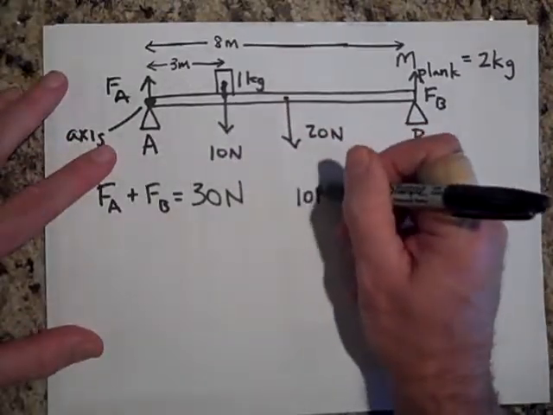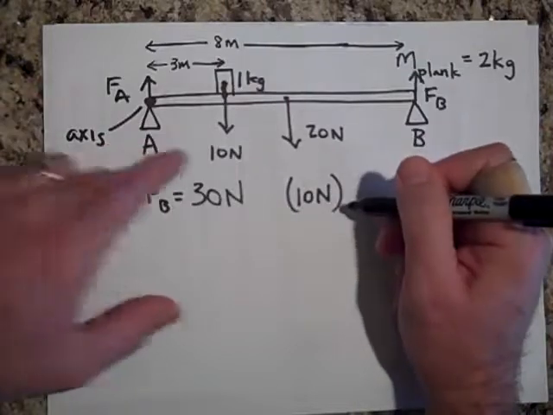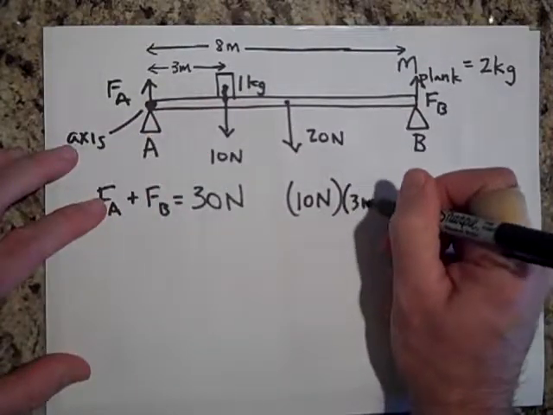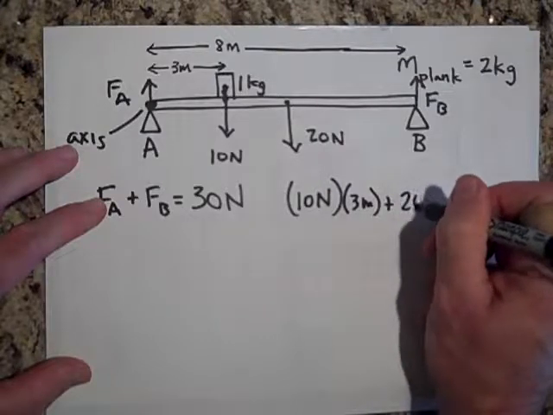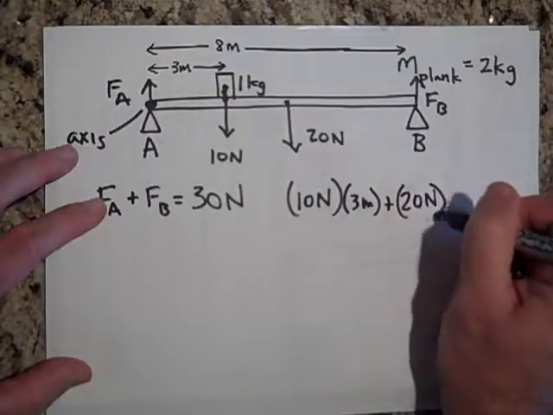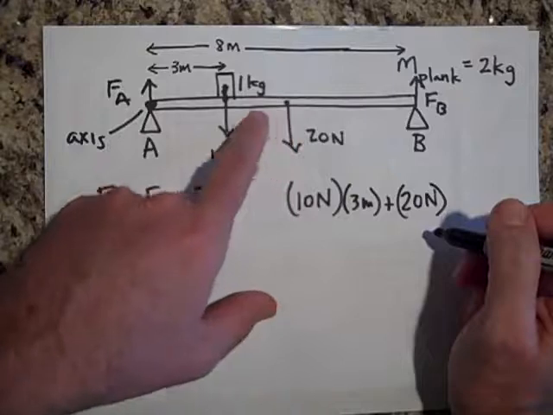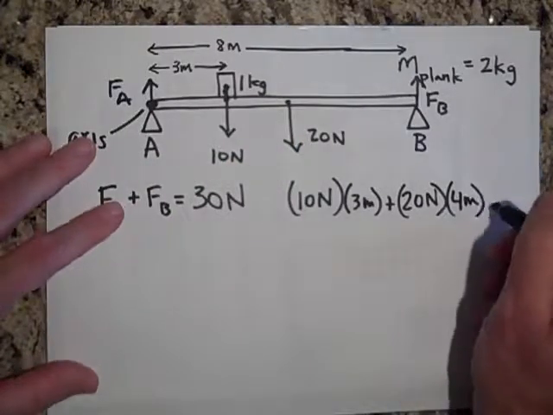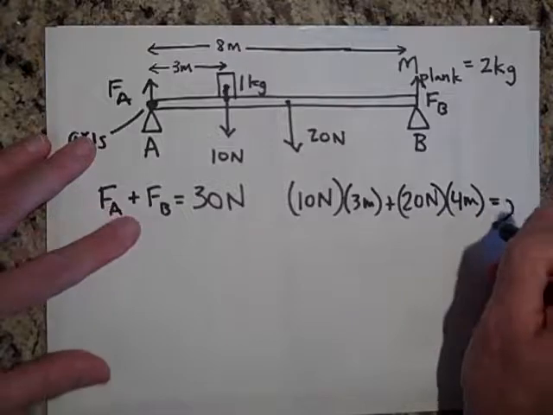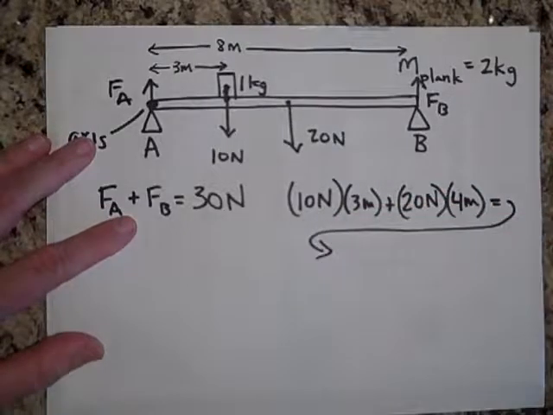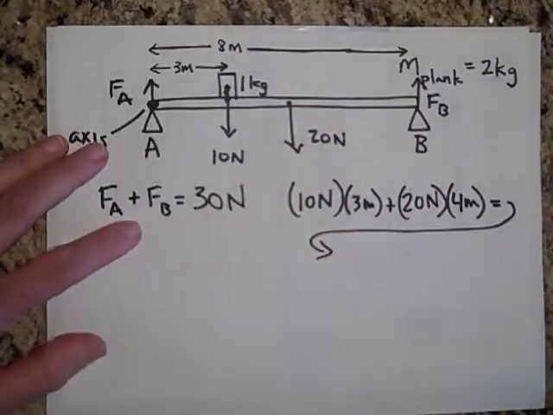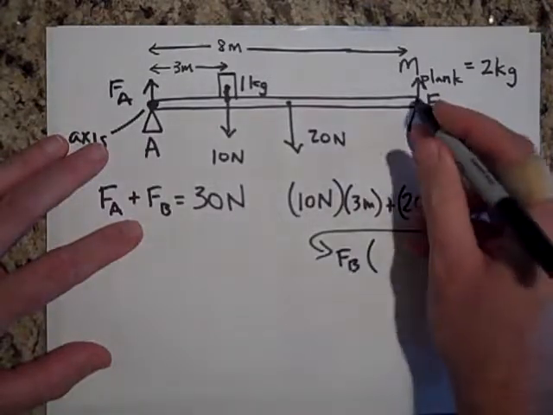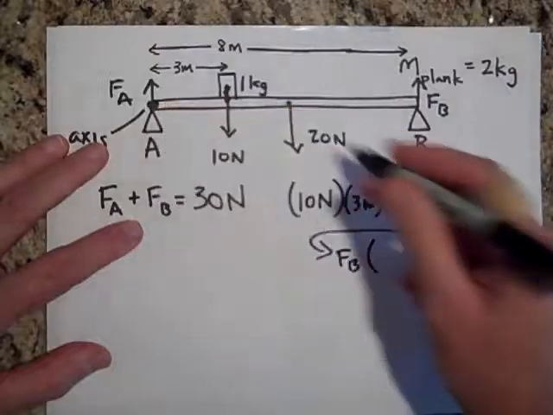10 newtons times 3 meters, this is 3 meters, plus 20 newtons times, that's going to be 4 meters. It's in the middle of the board. That has to equal the force from B times, how far is that from the axis?